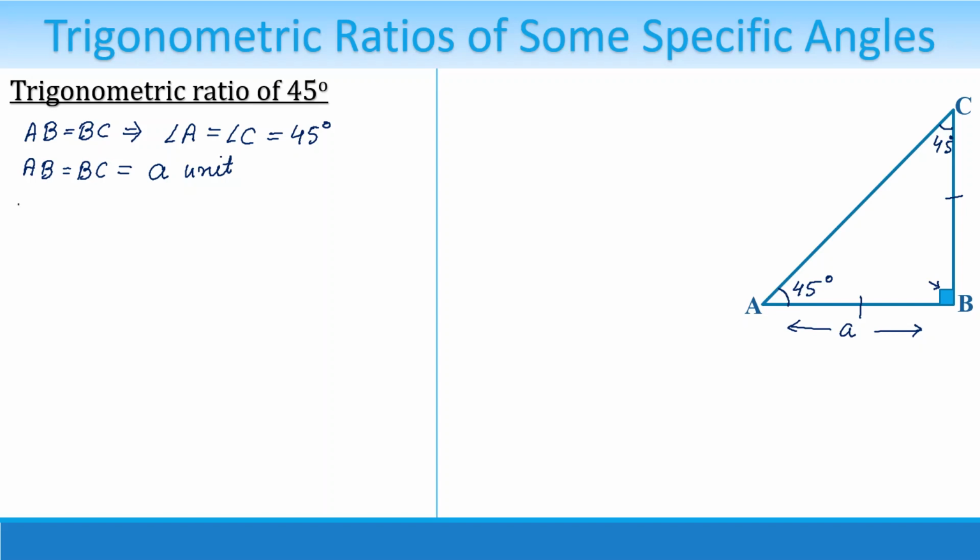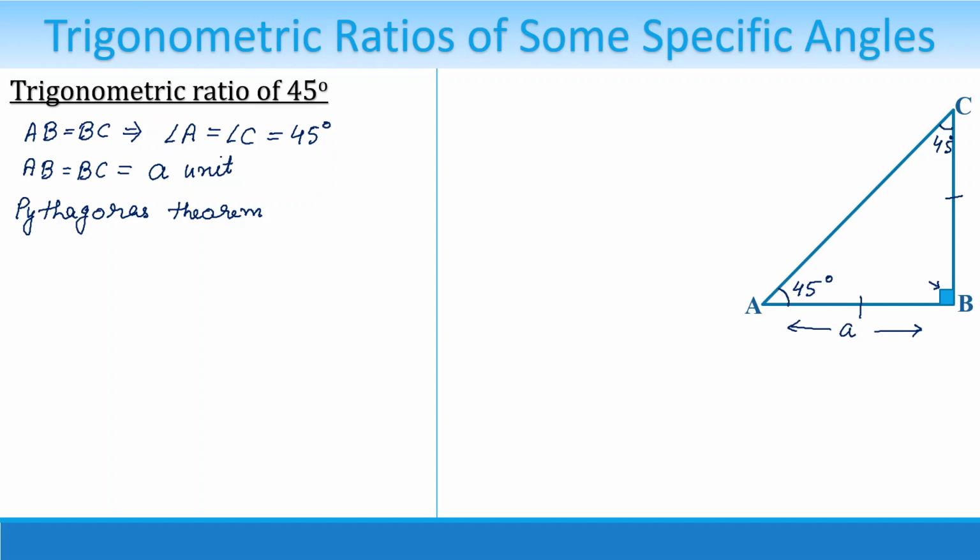Now we use Pythagoras theorem to find out the length of the third side. As we have already studied in our previous classes, to know the value of any trigonometric ratio for any of the acute angles of a right angle triangle, we should know the measurements of all the sides of the triangle.